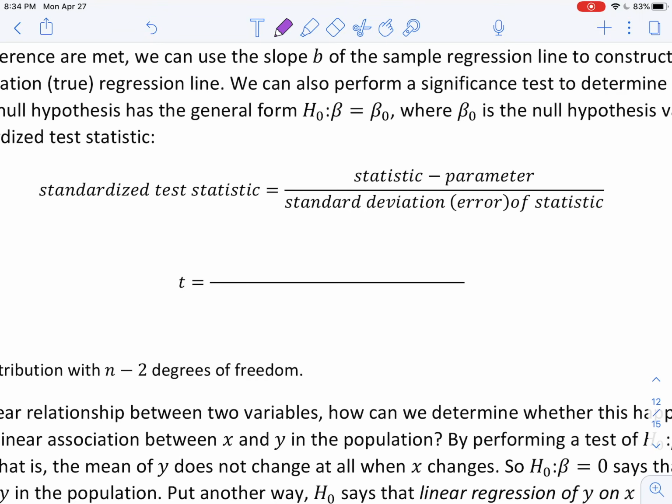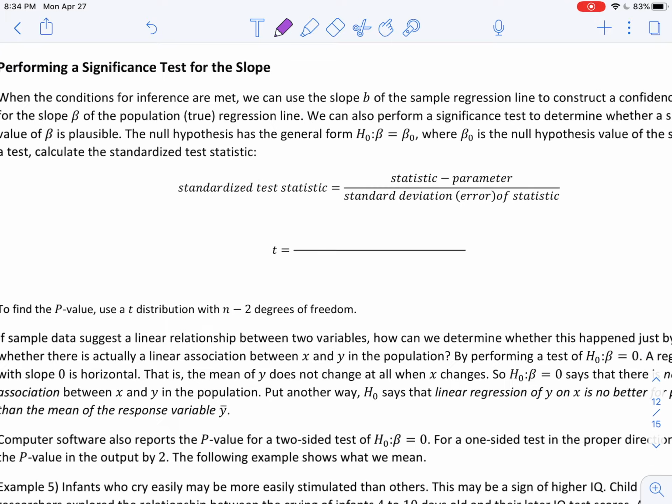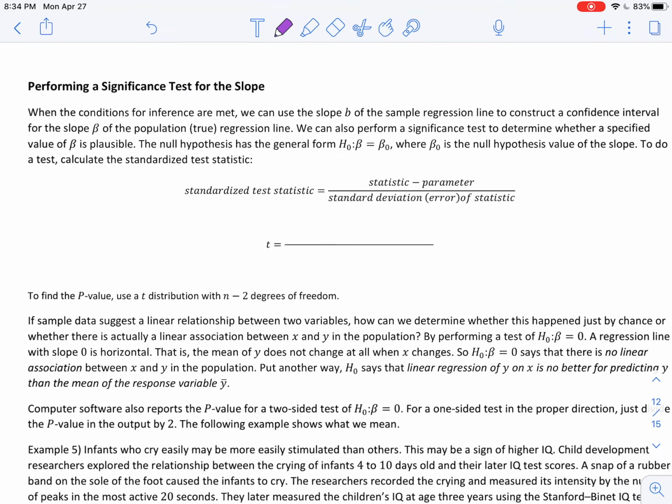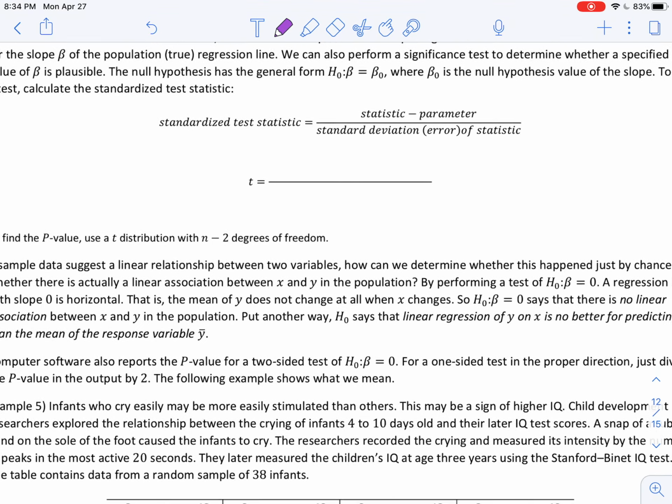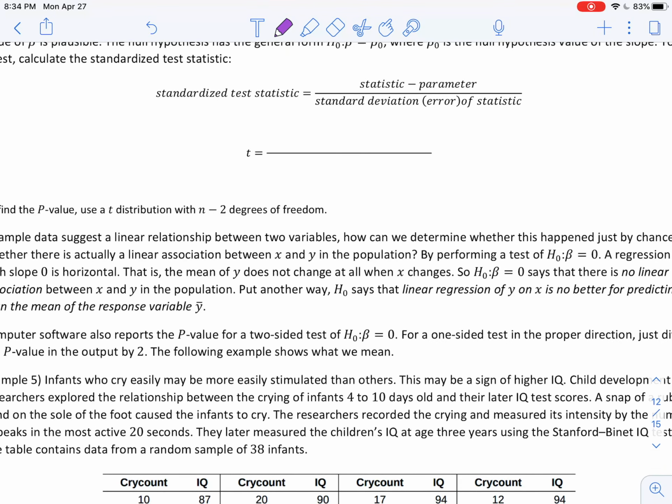The null hypothesis will be that the population slope, beta, is equal to some number, b sub 0. So this is the value for the slope that we're going to test. Pretty much always we're going to set it as 0. It's possible to do other things, but we're going to be testing 0.